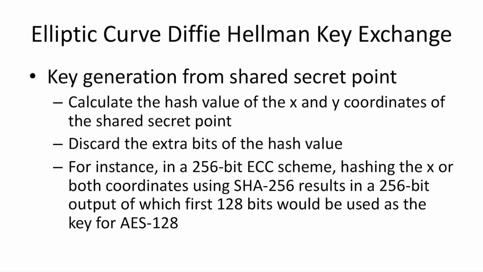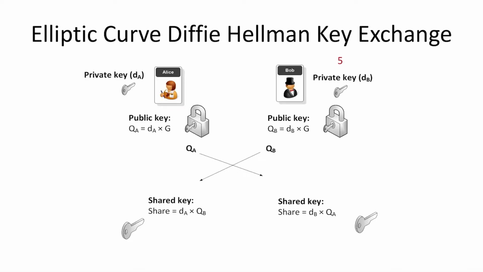So in a 256-bit elliptic curve cryptography scheme, hashing the x coordinate or both x and y coordinates using the SHA-256 hash function will result in a 256-bit output. And so if we're using AES-128, we just need the first 128 bits from that hash value and we will discard the remaining ones. If, however, we are using a 256-bit key with Advanced Encryption Standard, then we will not be discarding any bits.